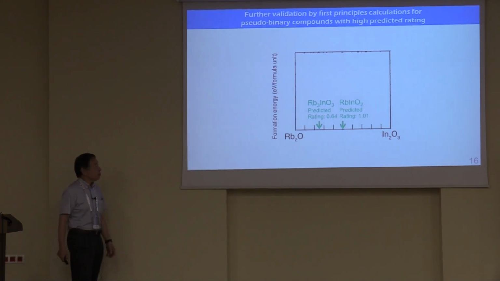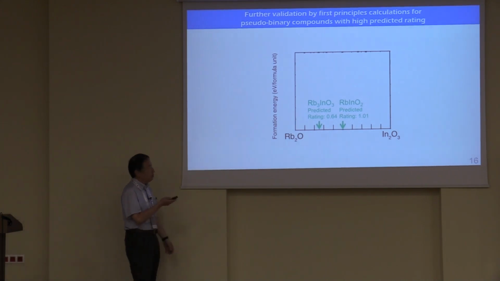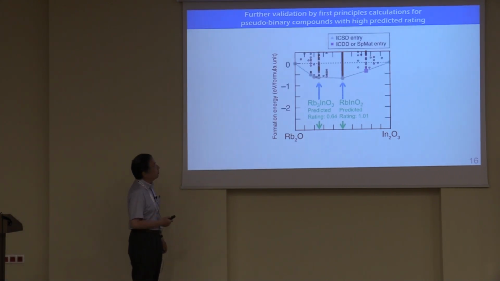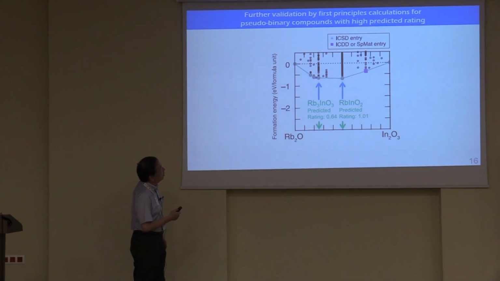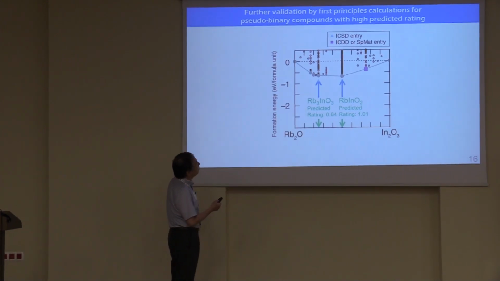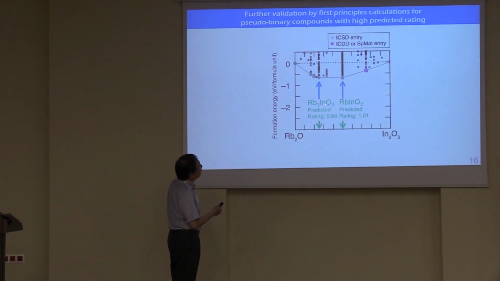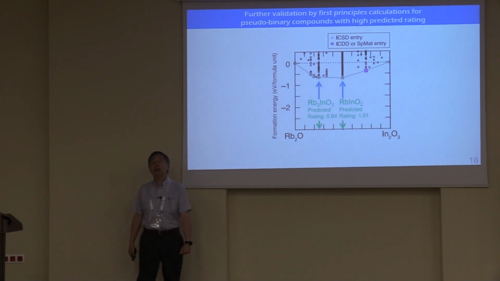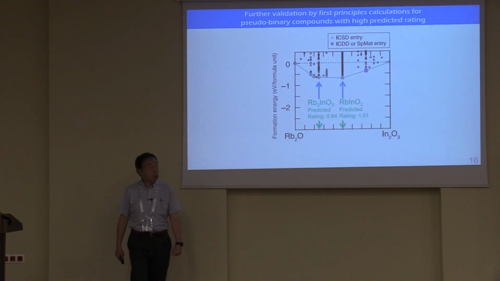So we did systematic first principles calculation for this system. This is rather a busy picture, but the conclusion is that both of these two materials were found to be located on the convex hull, something like this. So they are confirmed to be thermodynamically stable.